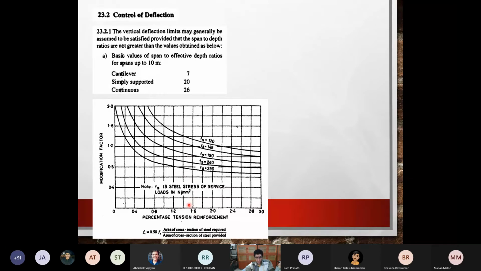Most probably you may modify it between 1.2 and 1.5, depending on what percentage of reinforcement you have actually given. So you modify it by this number Fs. What is this number Fs? Fs is 0.58 Fy into area of cross section of steel required by area of cross section of steel provided.